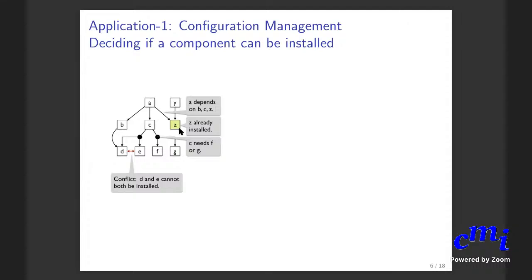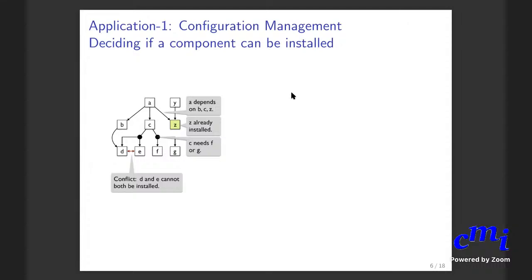With these constraints, suppose you want to install A. The problem is to see whether it can be installed with these given constraints, and if so, what is in some sense the optimal set of components, maybe the smallest number of components that you require.